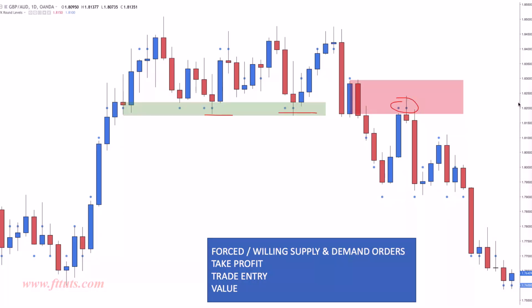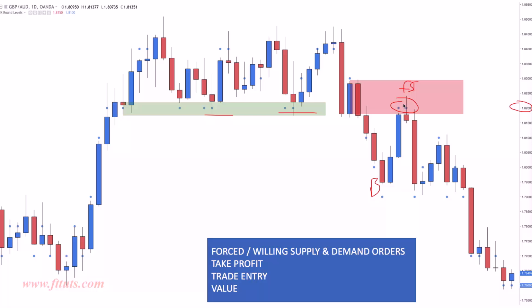Around here, and this is around the 1.82 round number. And again, if you bought around here, bought around here, and you ended up having to take profit around an area, your take profit is forced selling.